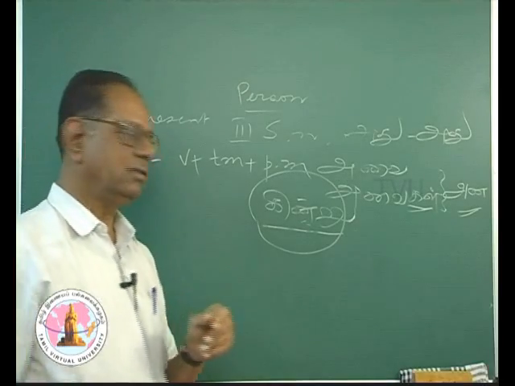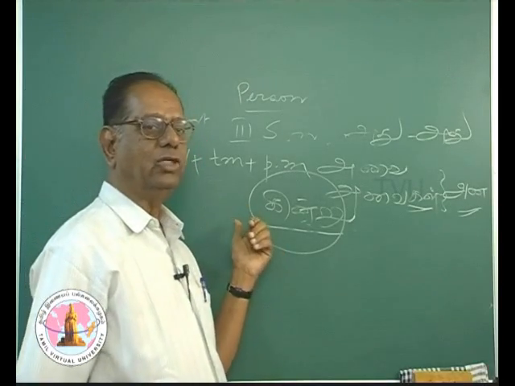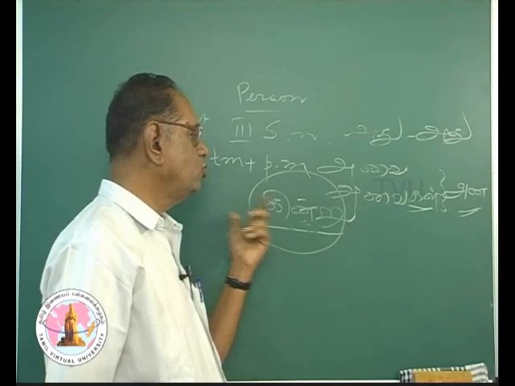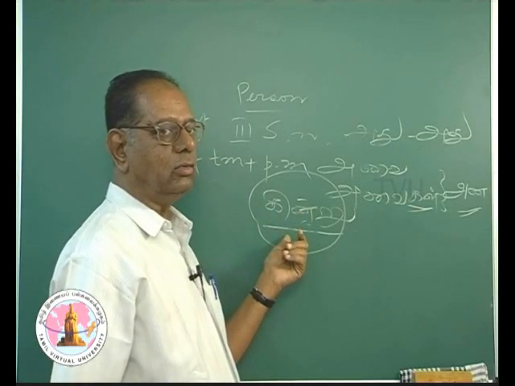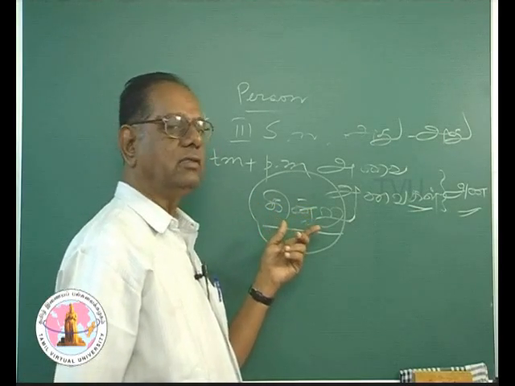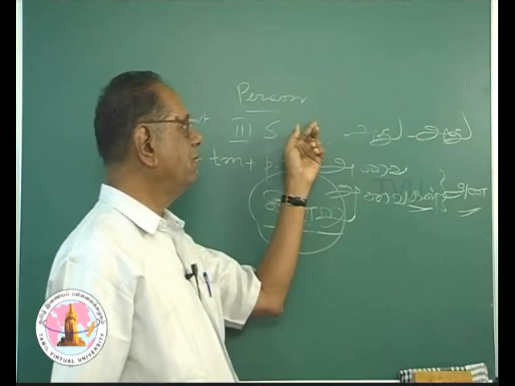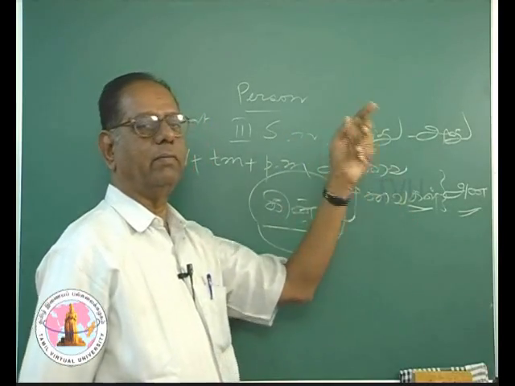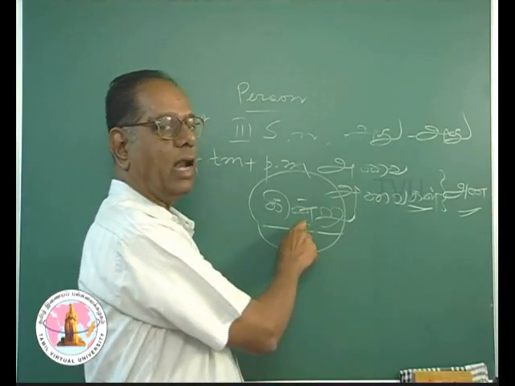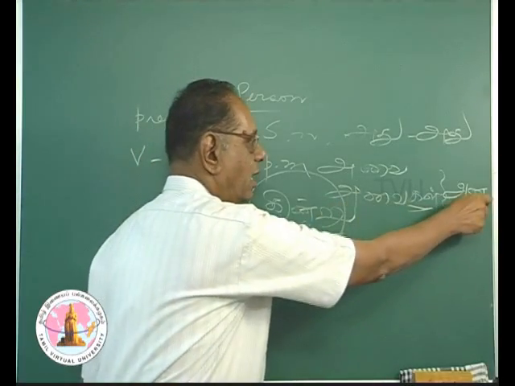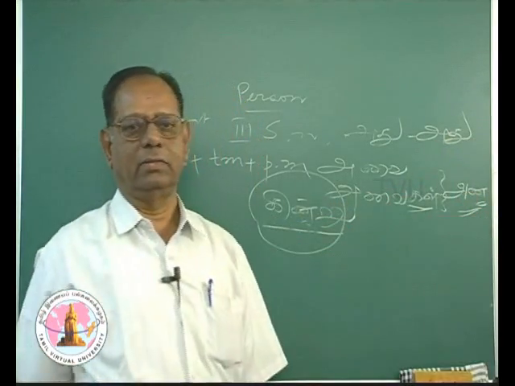Now, the question arises, when there is actually no difference between these two terms, that is kiru and kindru, why should we have this kindru for third person neuter gender plural? This is to rhyme with this na of the person marker.